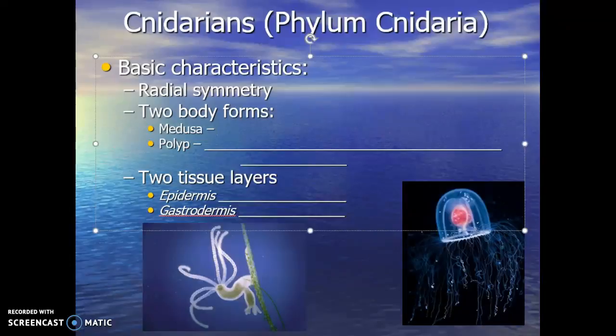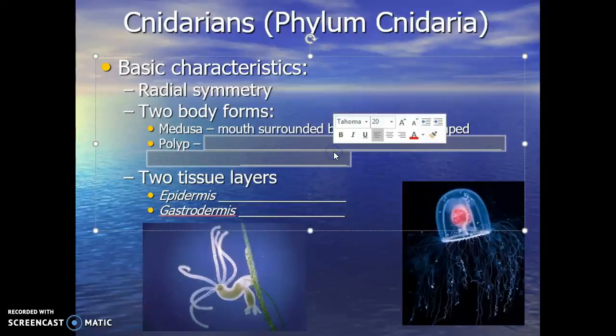Most of the Cnidarians alternate between two body forms. The Medusa body form has a mouth surrounded by tentacles, and the mouth points downward and it's kind of bell-shaped. So think about a jellyfish. That's your Medusa body plan.